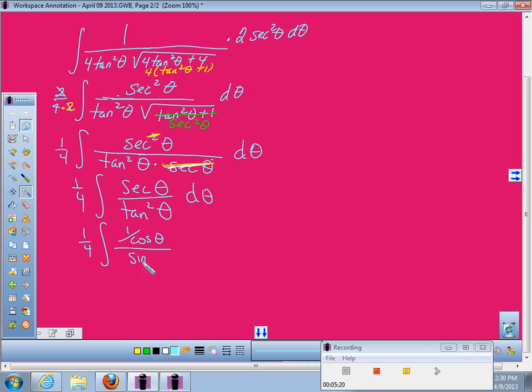Now, when I change that tangent, what's it become? It becomes a sine squared over a cosine squared. Okay. Now, it's algebra. What do you do? Yeah, because I can multiply by the reciprocal, I can flip those babies.